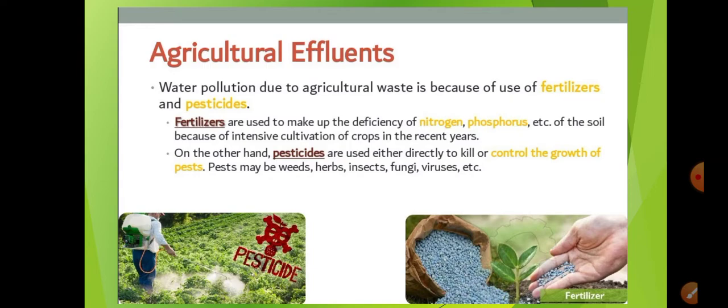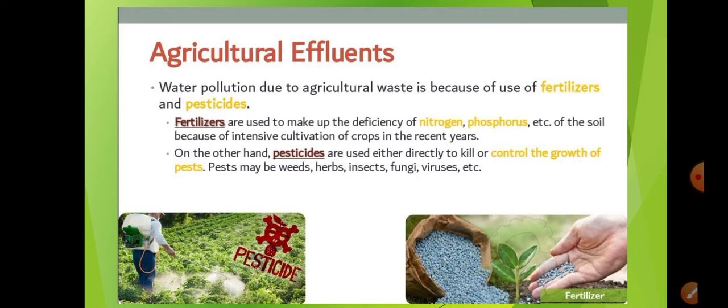Fertilizers are used to make up for the deficiency of some important chemicals. The same land or soil is used for growing crops every year, so the fertility of the soil decreases, but the farmer needs to produce the same amount of crop every time. So that is why he is using fertilizers and pesticides and insecticides.